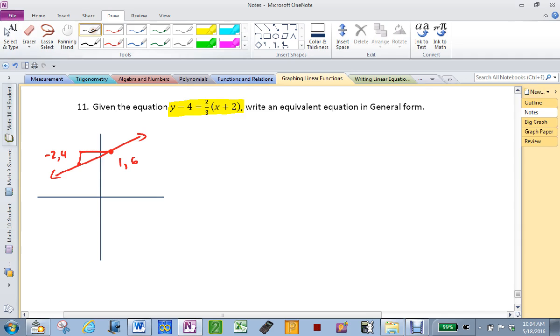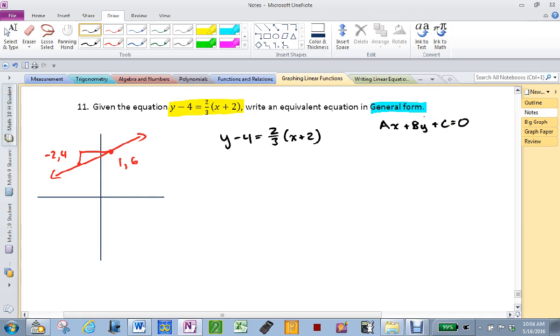Okay. Now, let's convert. What does general form look like? Ax plus By plus C equals 0. So what's missing? What do I have over here that I don't have over here? M. There's no M over here.